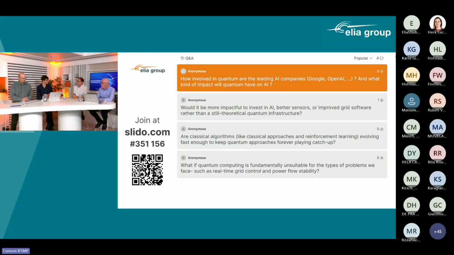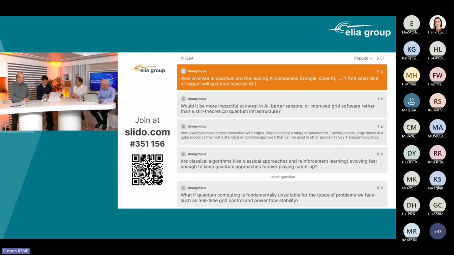We see reinforcement learning being used. Another thing already addressed is generative AI being used to generate code for quantum. So there is a kind of bidirectional influence of quantum and AI. Of course, the first part of the question, I would not know.